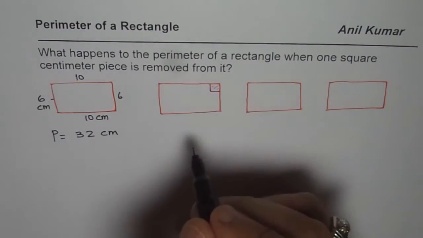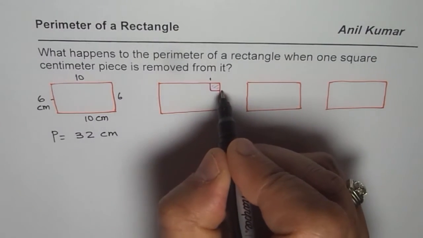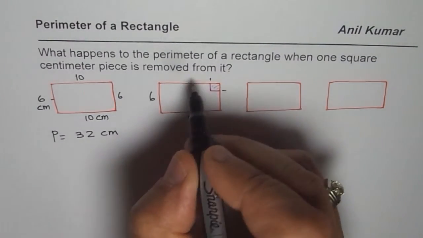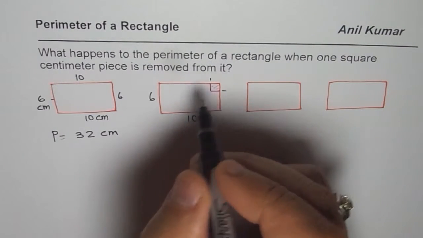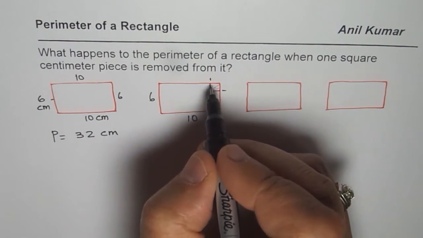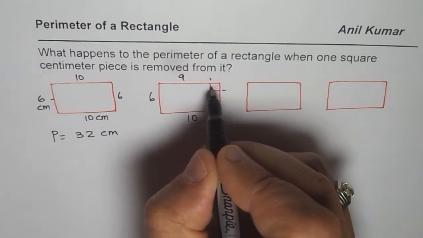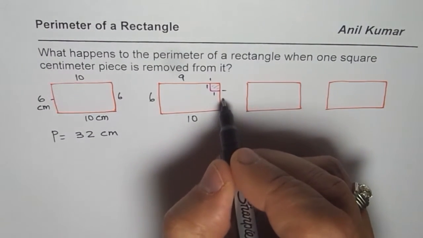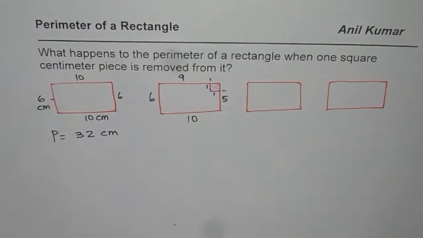Now what happens here? If I remove, then what happens? Now this side is 10, this side is 6, but that side reduces, right? So this side reduces by 1 centimeter, so I get 9 here, but I have 1 here, okay, and this side reduces and I have 5 here. So if I remove from the corner, what happens? So you have to now figure it out.